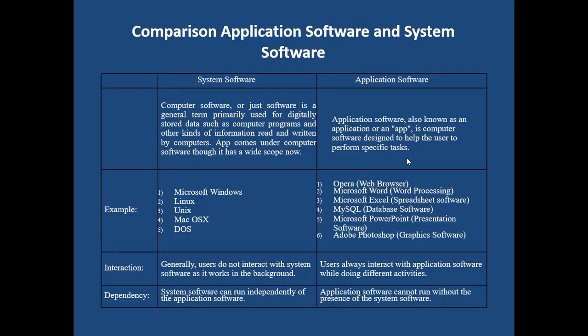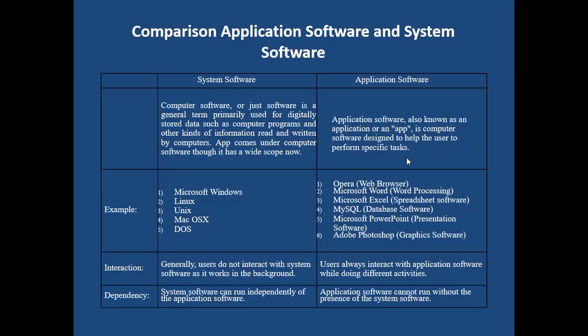Let's do some integration. Generally, users do not interact with system software as it works in the background, because when you power on your computer you won't see it, you only see the display that gives you that interface or desktop, which is the system software.